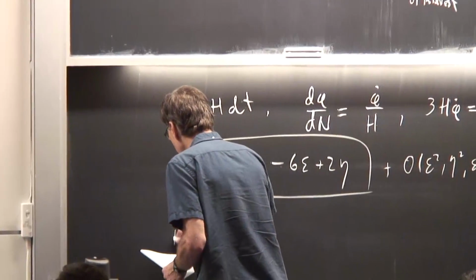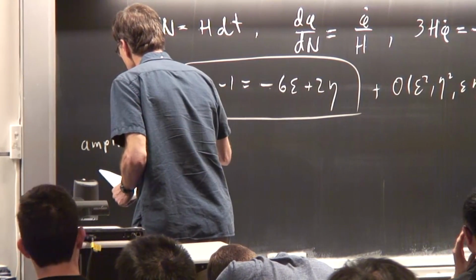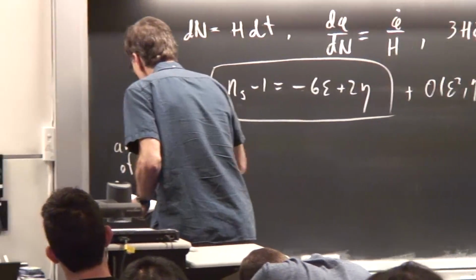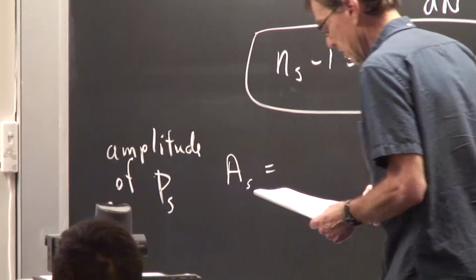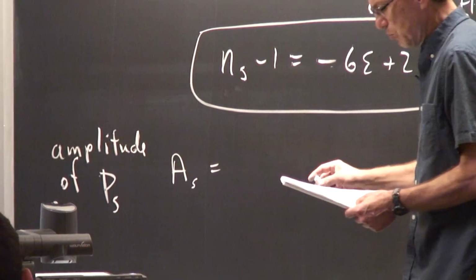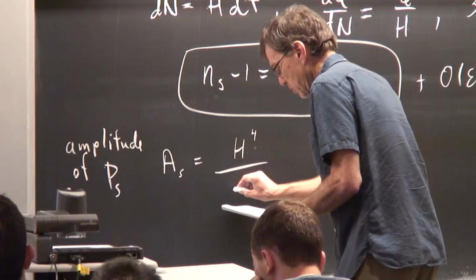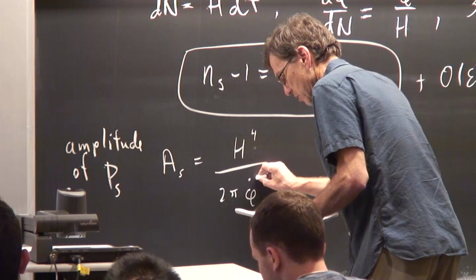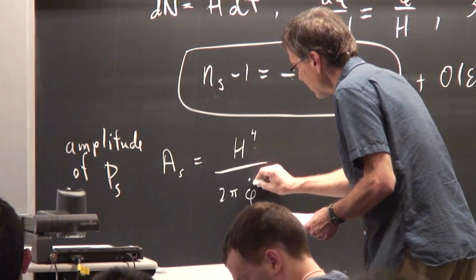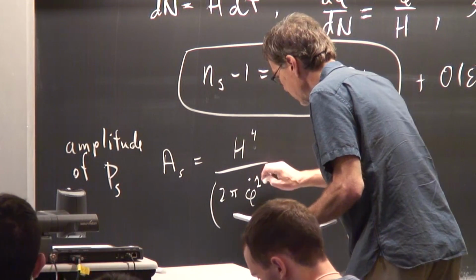So it turns out, the amplitude of the scalar power spectrum, we derived what it was parametrically, if you look more carefully, there's factors of 2 pi.